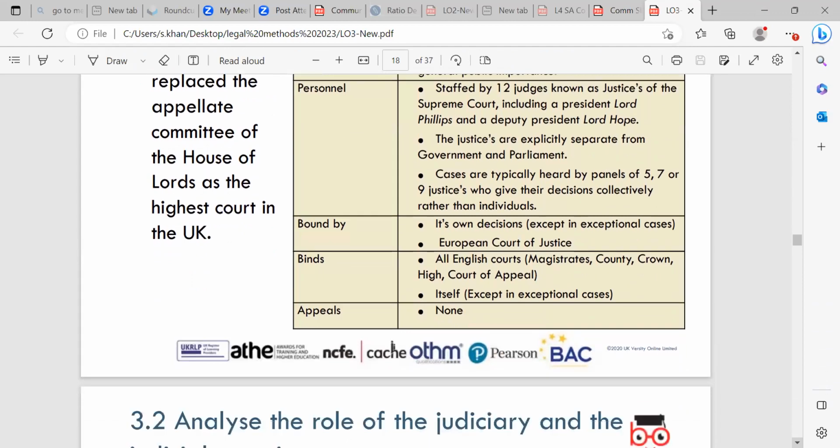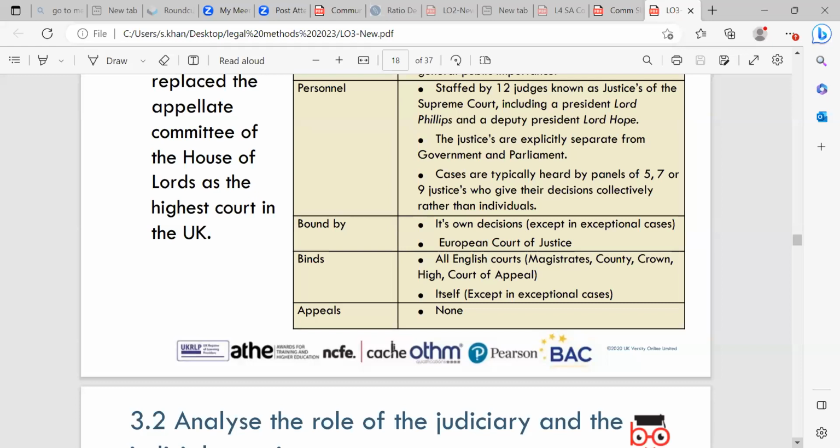It is staffed by 12 judges known as Justices of the Supreme Court, including a President, Lord Phillips, and a Deputy President, Lord Hope. The justices are explicitly separate from government and Parliament. Cases are typically heard by panels of 5, 7, or 9 justices who give their decisions collectively rather than as individuals.